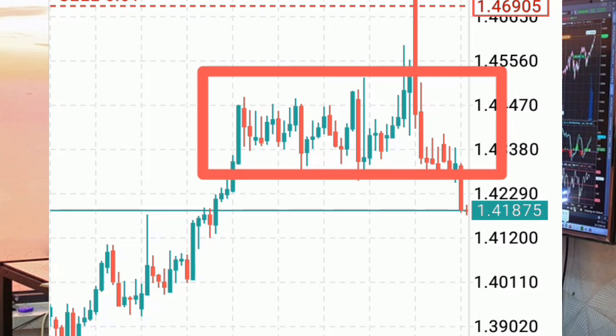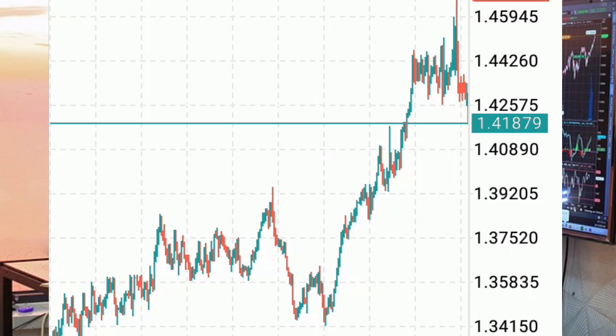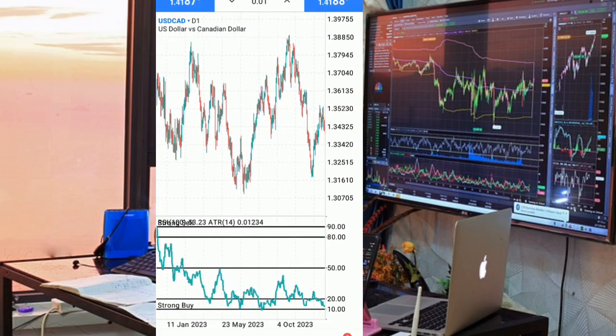So it would have been better if we shut our operations down at the 80 line level than at the 90. It's always better to use the 80 line level to close the trades, because we want to make sure that we're not going to be wasting our money those days for nothing, because if price is ranging, we're not going to be making much profits anyways. So make sure that on the 80 line level, that is where we can shut things down.